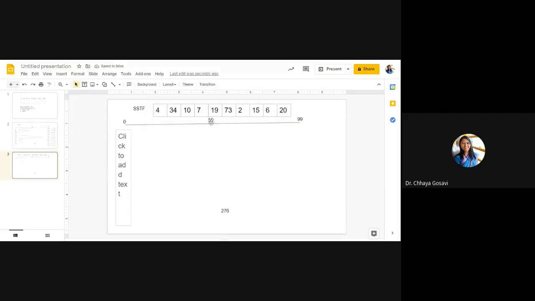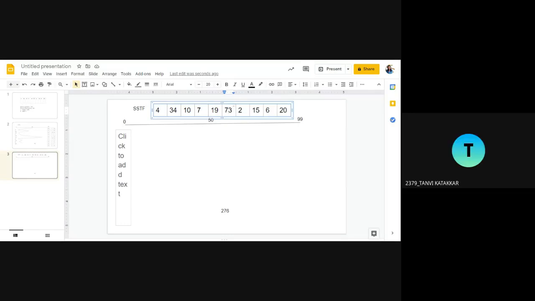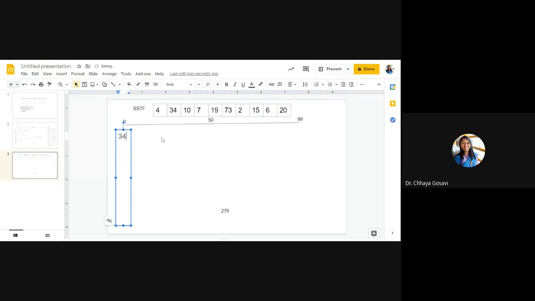So current head position is 50. Which cylinder is near to 50? Is it 34 or 73? 34. So first read write head will visit 34. Then from 34, which is close? 20 or 19? 20.